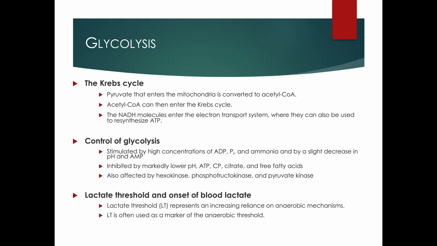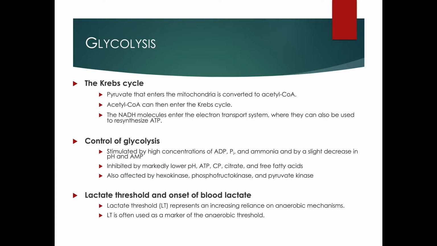Kind of finishing up then with lactate, you've got the lactate threshold. So lactate threshold is basically the point where the body becomes primarily anaerobic. During exercise, as we're going along, we'll have a mixture of the energy systems going on. But once you reach a point where the body becomes solely anaerobic, that's where you start to see lactate skyrocket.